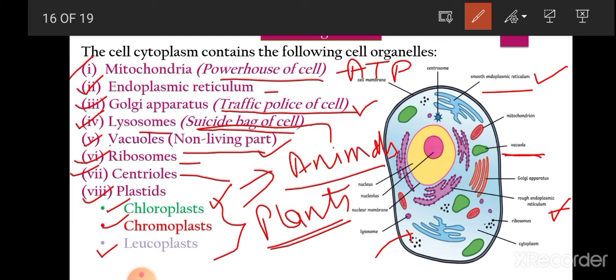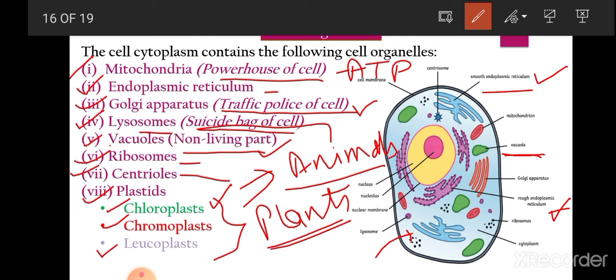Then chromoplast. Chromoplasts are the plastids which give other colors, the colors other than the green color. Chromoplasts contain a lot of pigments, and they give different colors to different plant parts other than green.